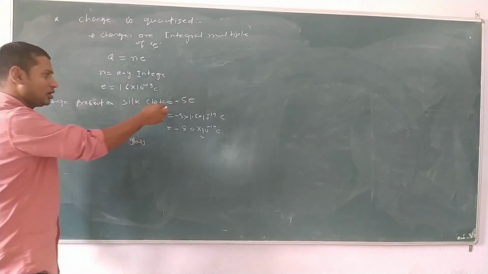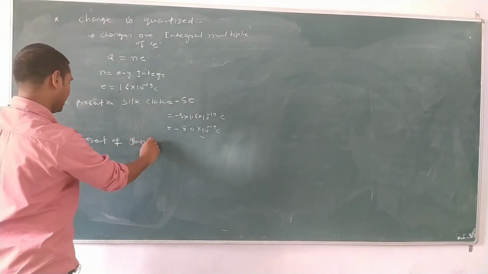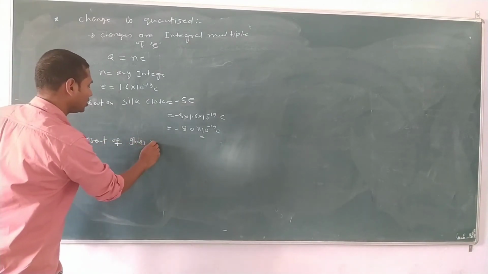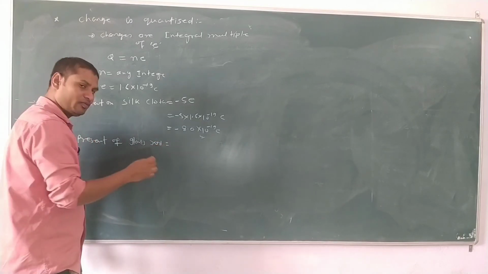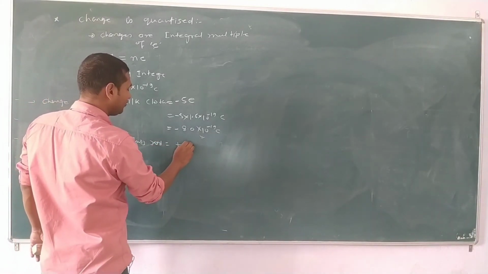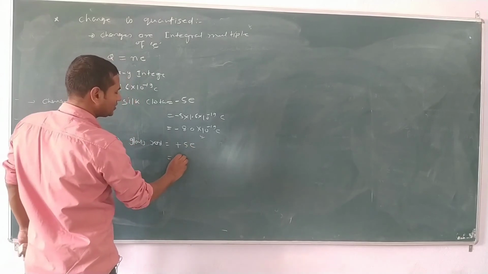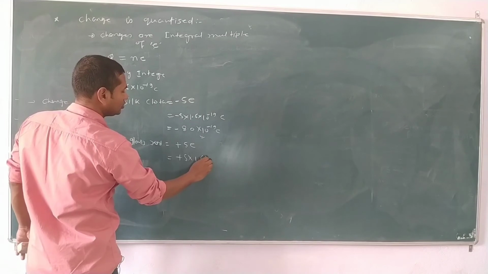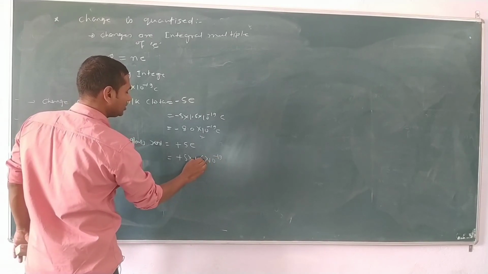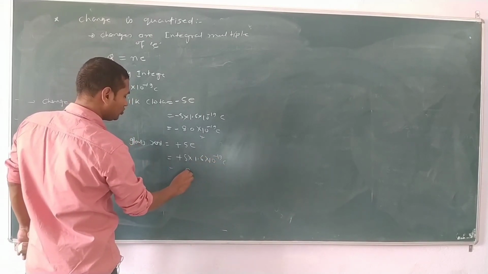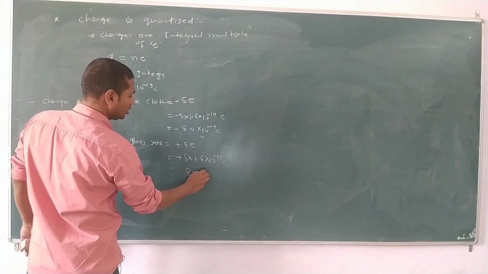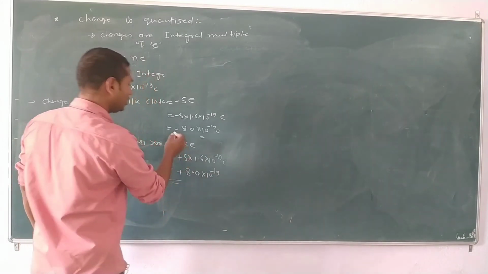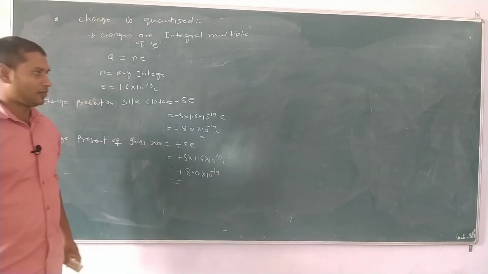The charge present on the silk cloth is minus 5e, because the silk cloth gained charge, but the glass rod lost it. So it has a positive charge, that is plus 5e, with e = 1.6 × 10^-19 coulomb. It also becomes 8.0 × 10^-19, positive in nature. You see, the value is the same but the sign is positive.